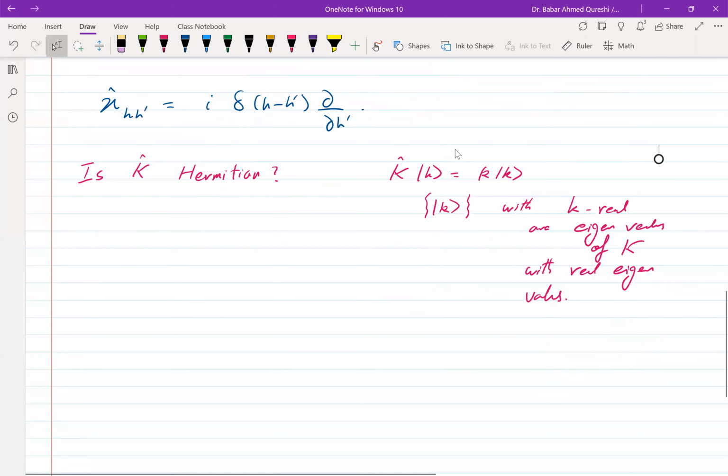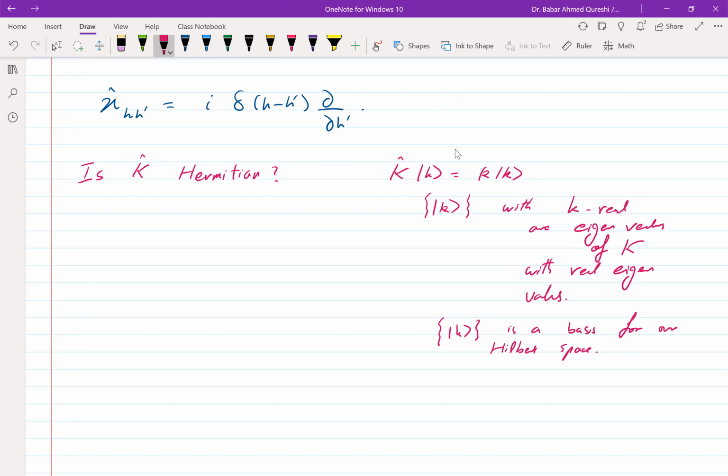And they seem to be a basis for our space. So it seems to have the kind of properties which we like about the Hermitian operators, and that's why we deal with the Hermitian operators.